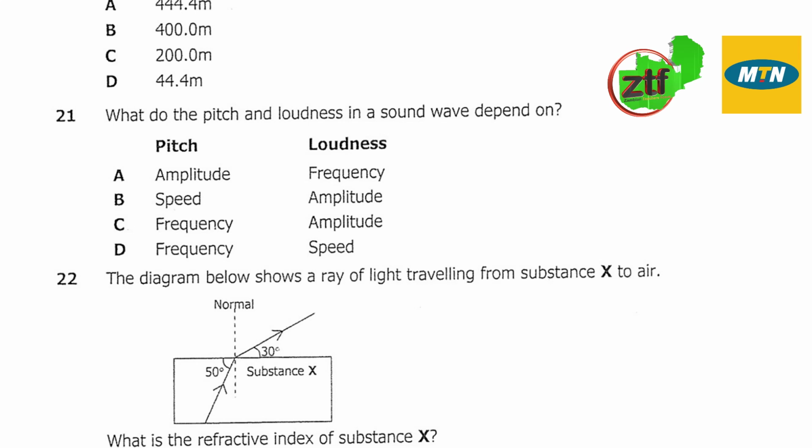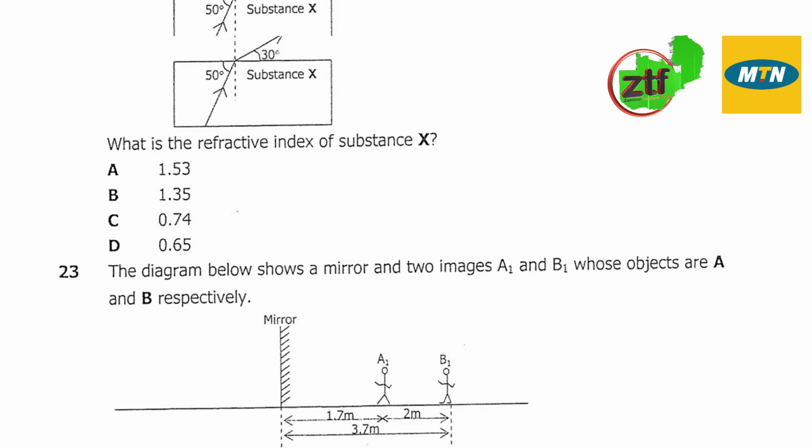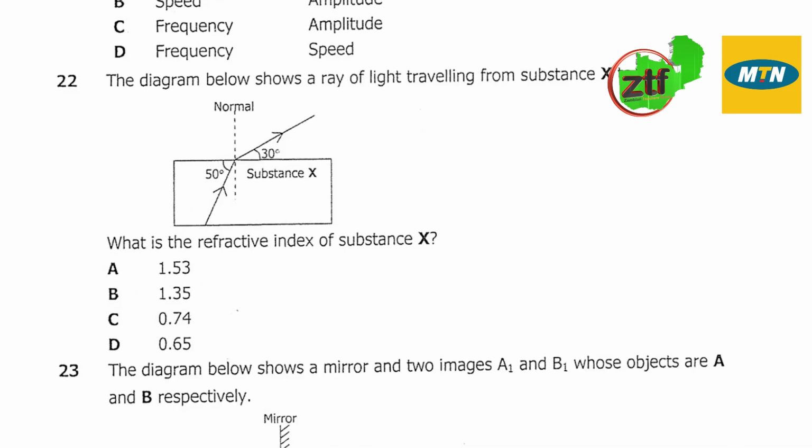Question 22. In order to solve this problem properly, question 22, the question reads, the diagram below shows a ray of light traveling from substance X to air.